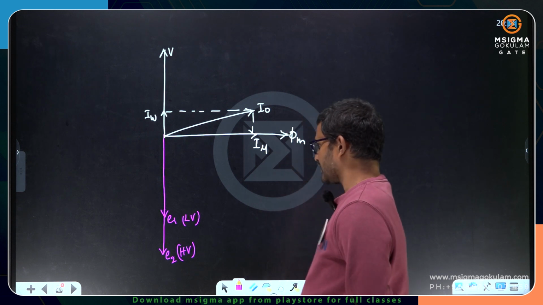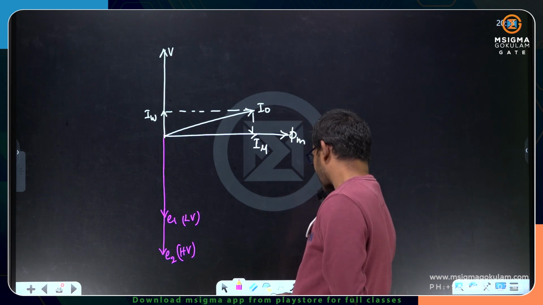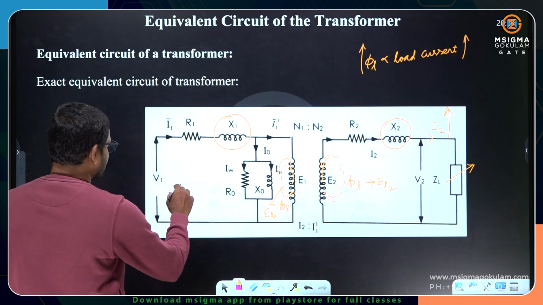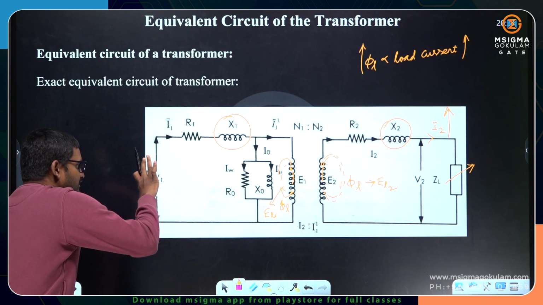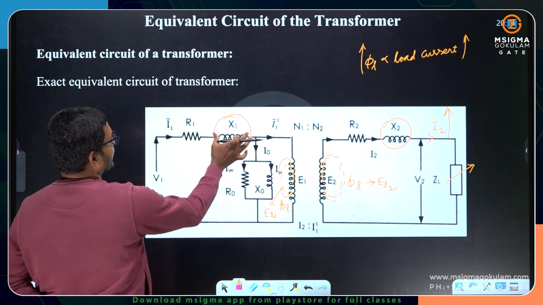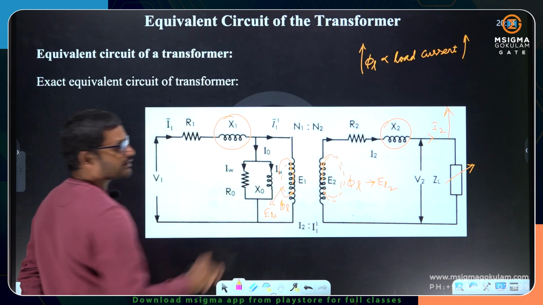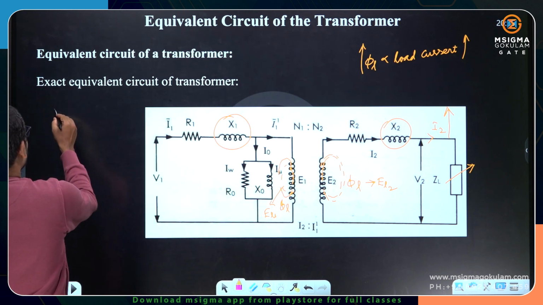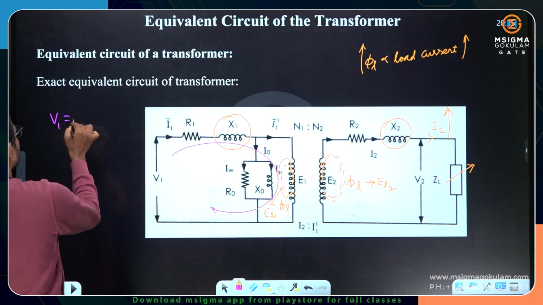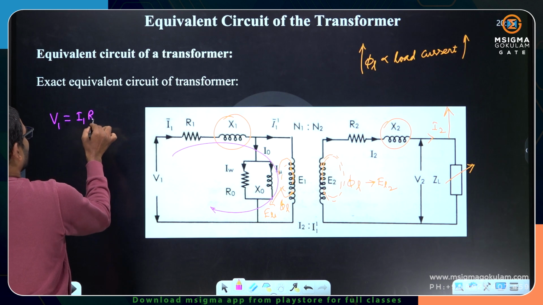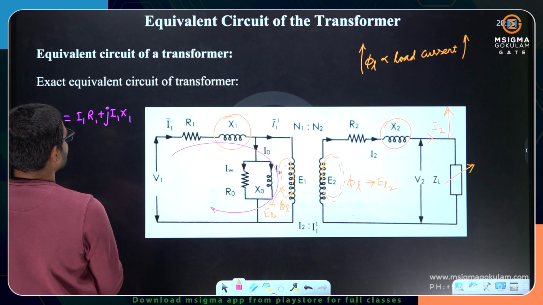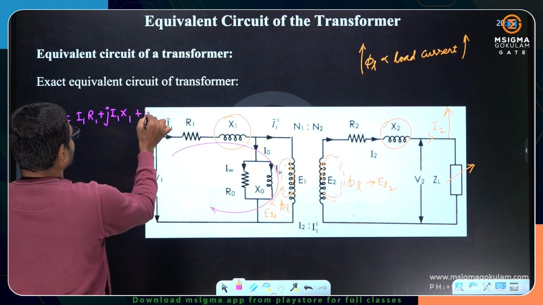Now please try to understand by writing a KVL. By writing a KVL on this side, V1 must be equal to what? The I1 R1 drop, the I1 X1 drop and E1. So according to KVL, the V1 source voltage is equal to I1 into R1 plus J I1 into X1 plus E1.